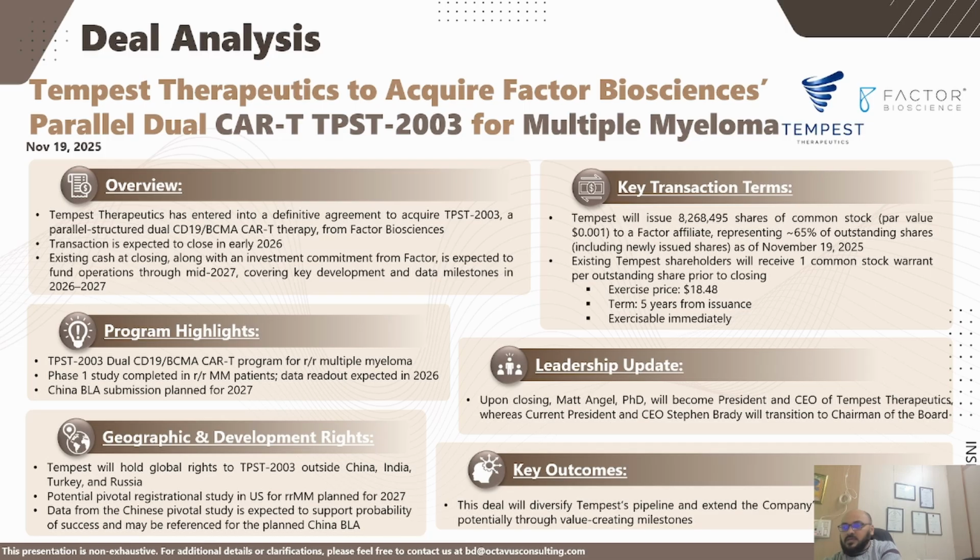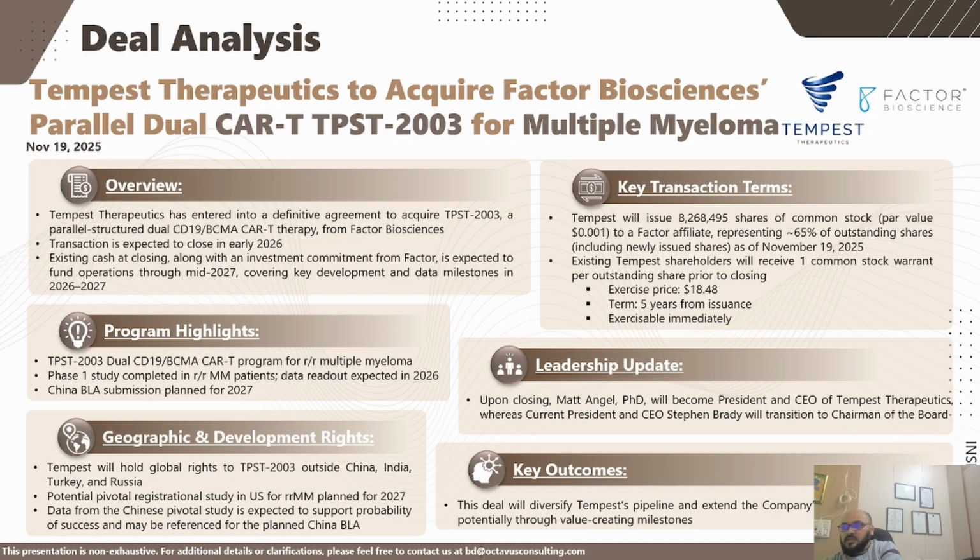The exercise price would be $18.48, so approximately 18.5 dollars for one common stock share. This is a pretty decent number considering Factor Biologics is a past Chinese company.